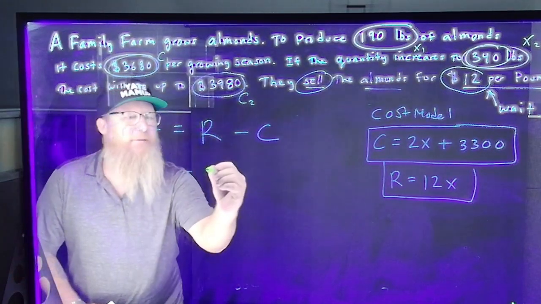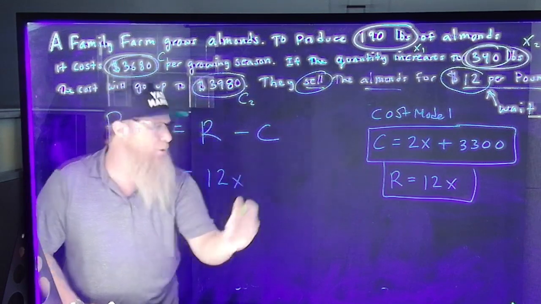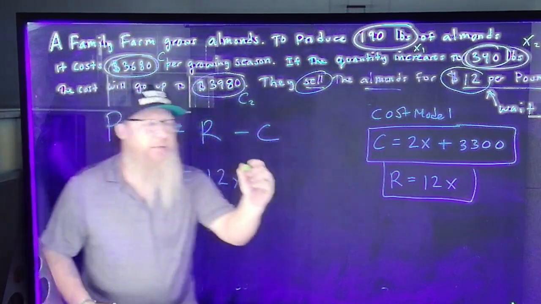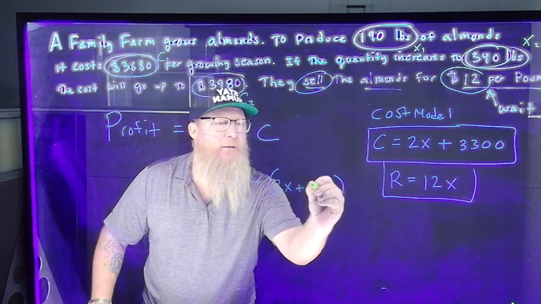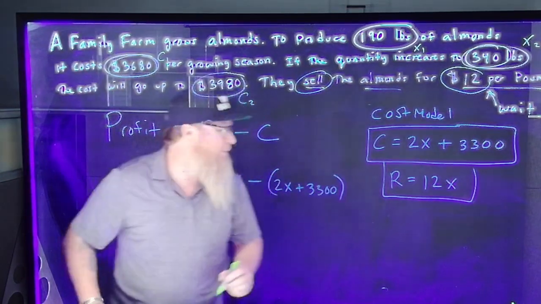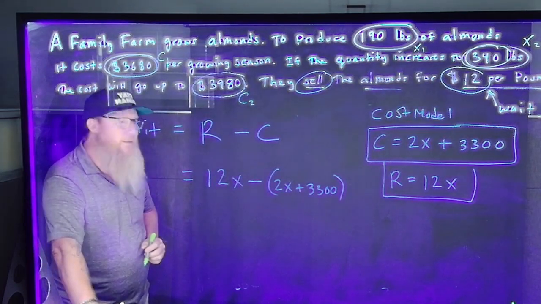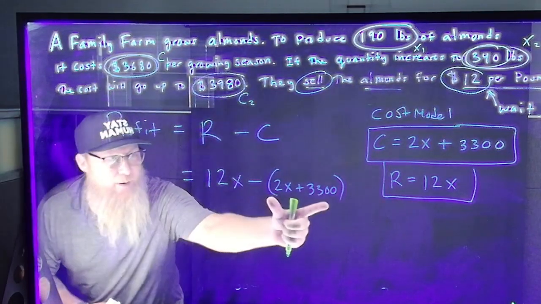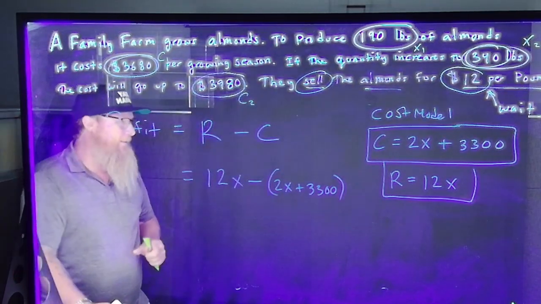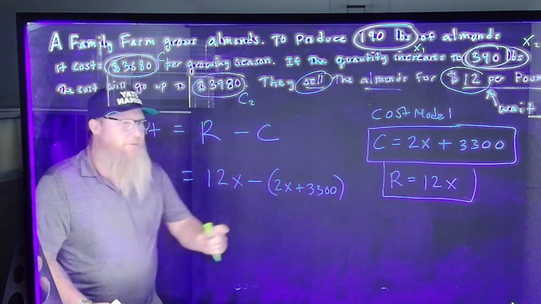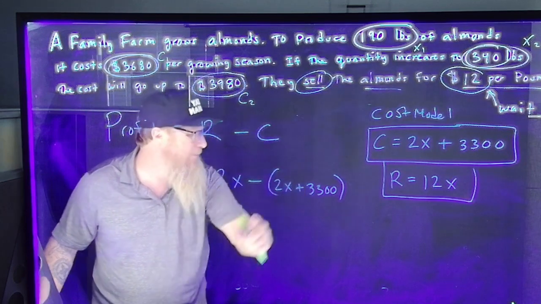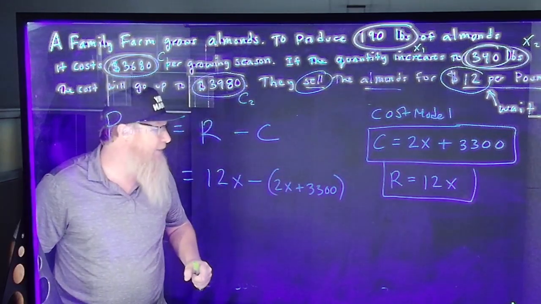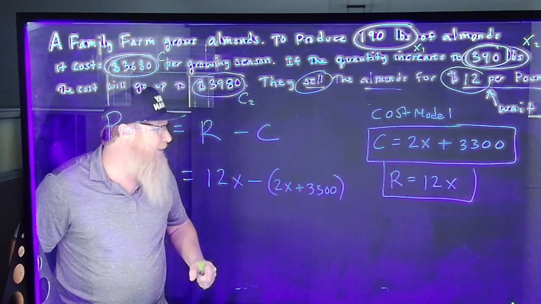So we have our revenue equation, which is 12x, minus our cost equation, (2x + 3,300). Notice I'm using parentheses. It's very important. If you don't use parentheses, you might forget to distribute this negative sign and it could cause an error.